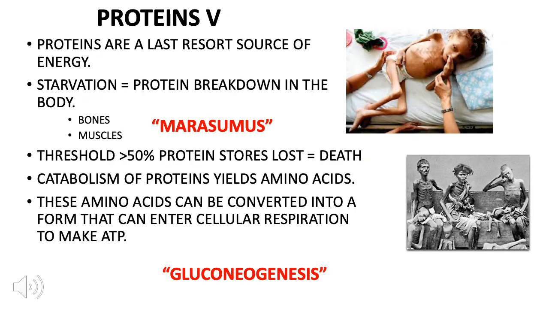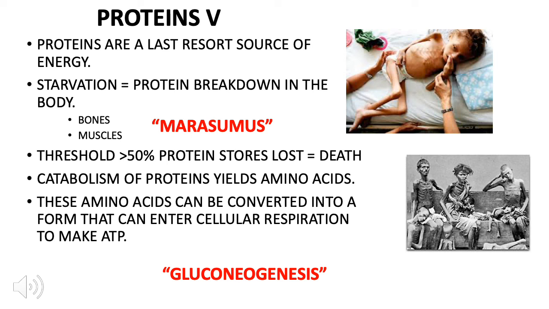I had mentioned earlier in this presentation that these molecules, carbohydrates and lipids and proteins, are all sources of energy. But when you are confronted with which food molecule to use as a source of energy, carbohydrates are preferred, fats come in a close second, and proteins are a distant third. Proteins are a last resort source of energy, primarily because proteins are so critical for many other important things.